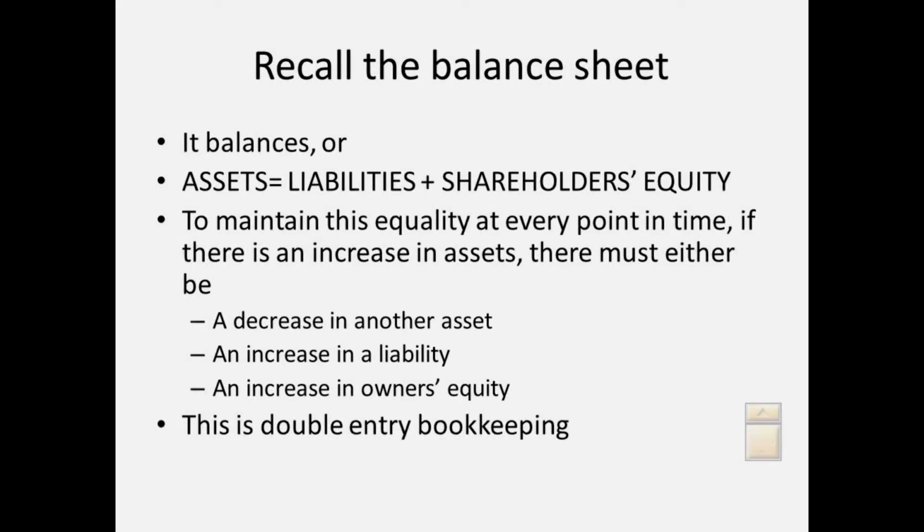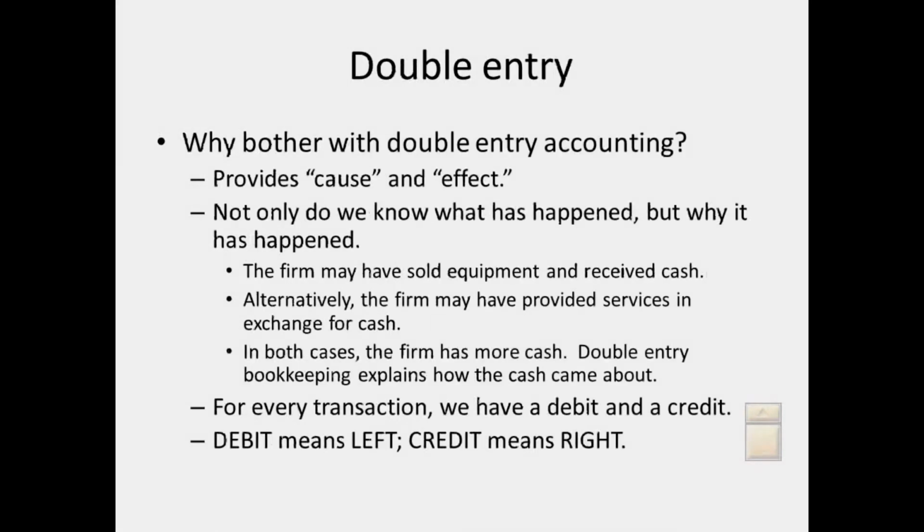Double entry bookkeeping is not just mechanical and annoying, although some people sometimes think it is. It's actually providing us the information of cause and effect. It's like, here's what happened and here's why it happened. So we learn a lot more from having the two entries than we would from just having one.